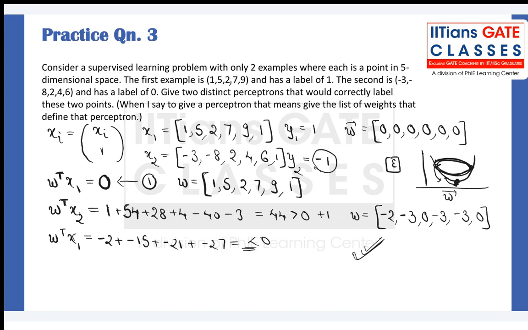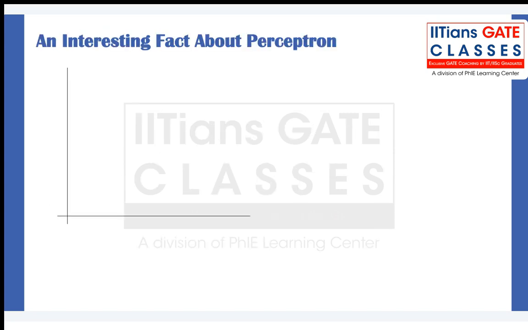Before ending this lecture, I will share one small interesting fact about the perceptron. The perceptron was the oldest algorithm for machine learning. It was the start of artificial intelligence, started in 1958 by someone named Frank Rosenblatt from Cornell.